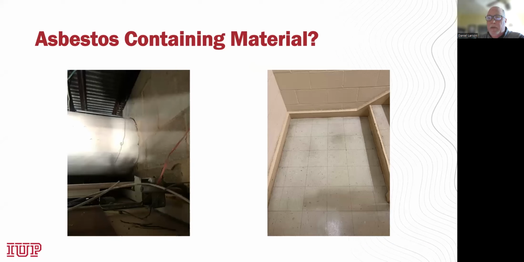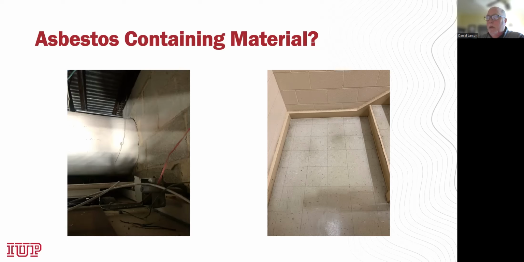When we go out on visits to employers or to workplaces, different buildings, different places, sometimes we'll run into things like this, and we'll look maybe in a boiler room. We'll walk in, and on the left there, you see a large duct with insulation on it, or you have tile, like the right picture, 9x9 tile, and employers will say to us, well, what is it?